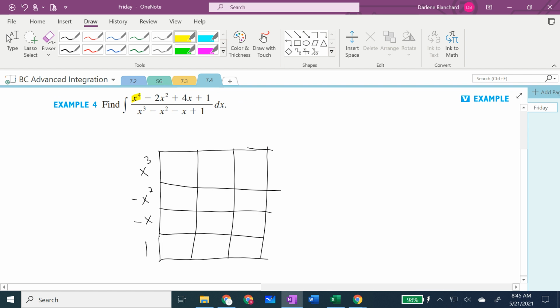The numerator polynomial needs to show up entirely in the interior of the boxes.